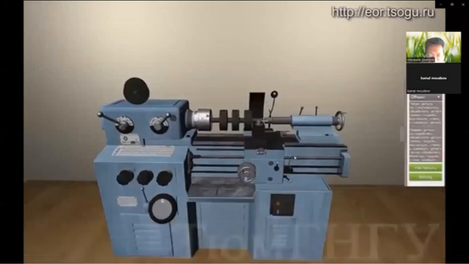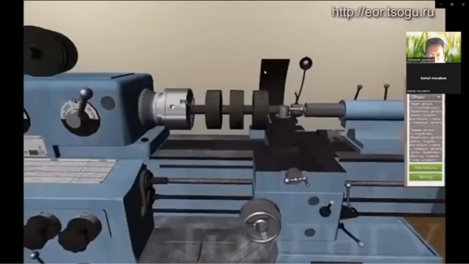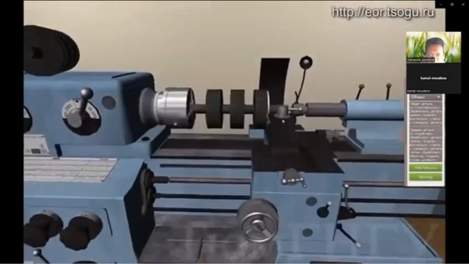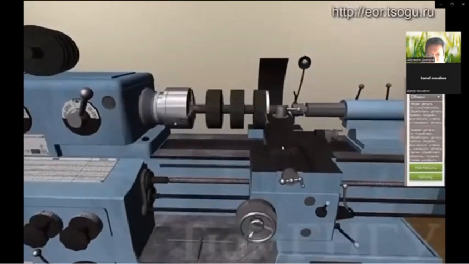We start the process and start cutting. We use a cutter.